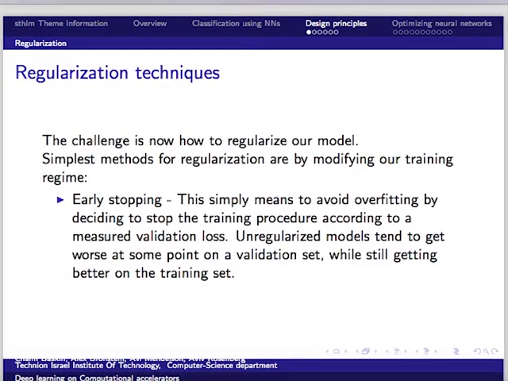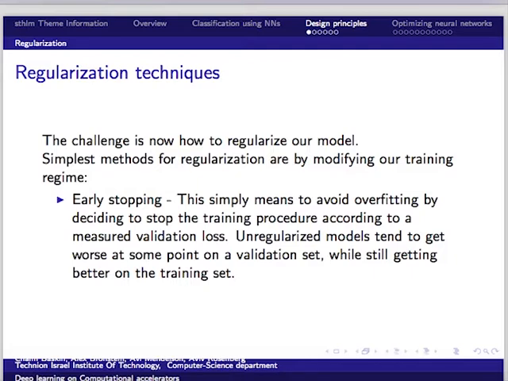So we will start to talk about how we can fight overfitting and how we can stop it. The simplest and most basic way to regularize your model is to use early stopping.